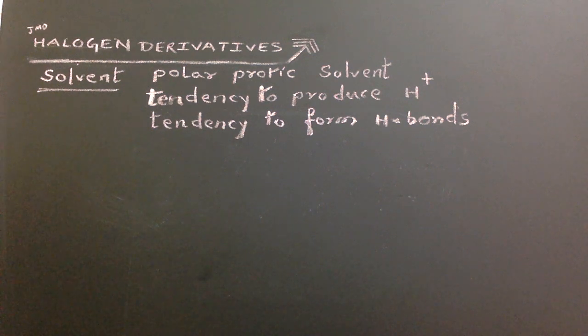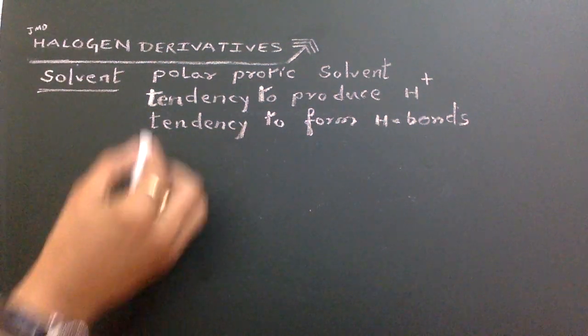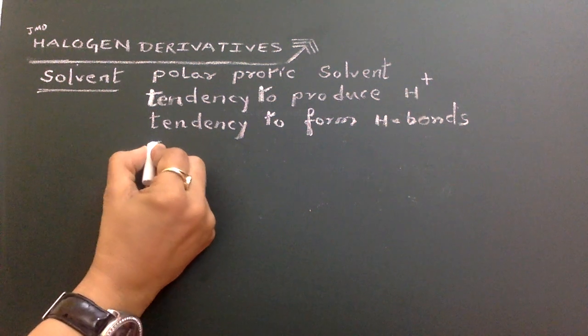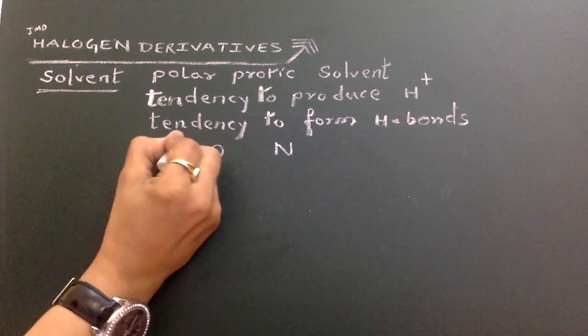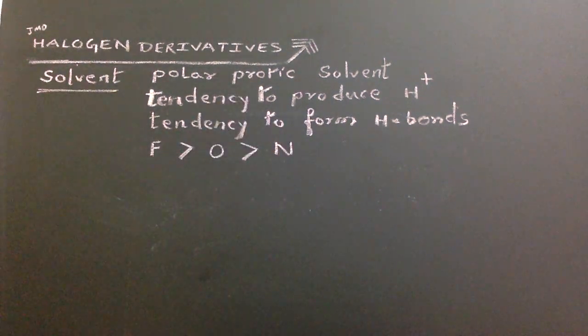These polar protic solvents especially form hydrogen bonds with electronegative atoms, that is fluorine, oxygen, nitrogen, in this order. The tendency to form hydrogen bonds with fluorine is more than that of oxygen, which in turn is more than that of nitrogen. Now students, one very important thing we need to know is how to understand who will make hydrogen bonds.